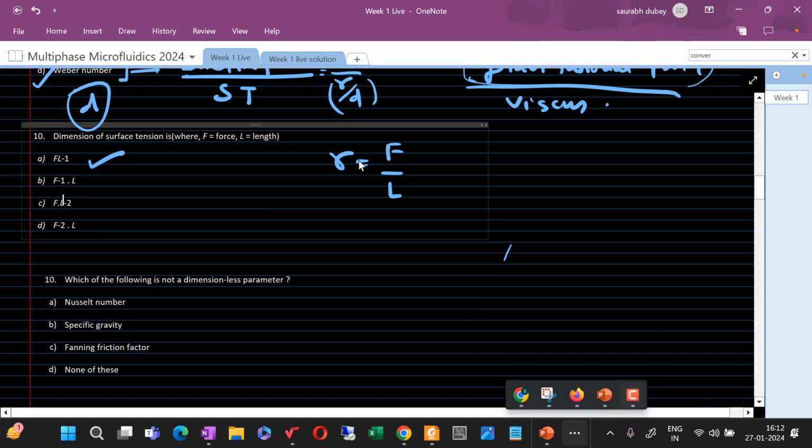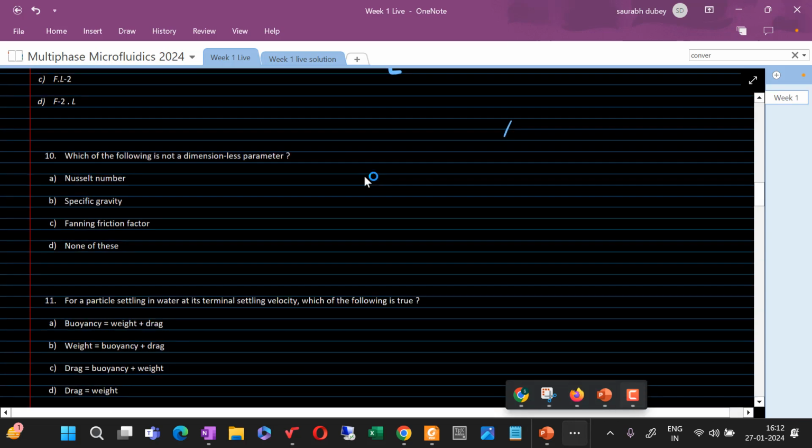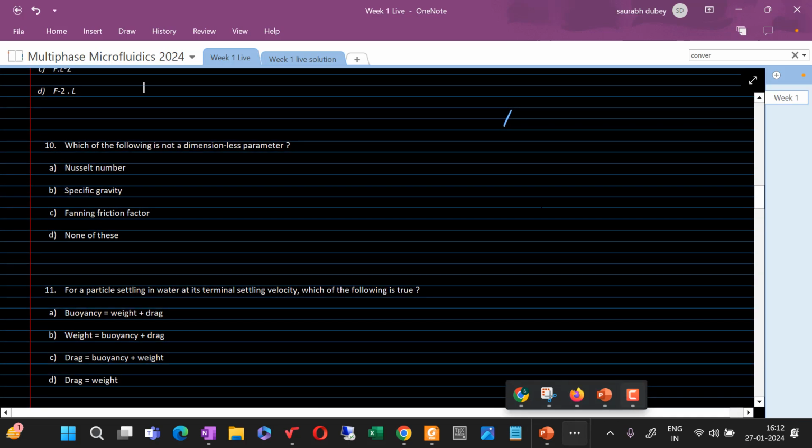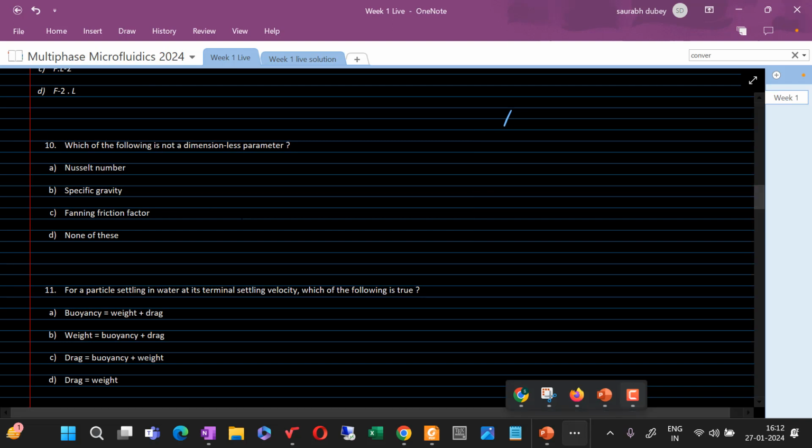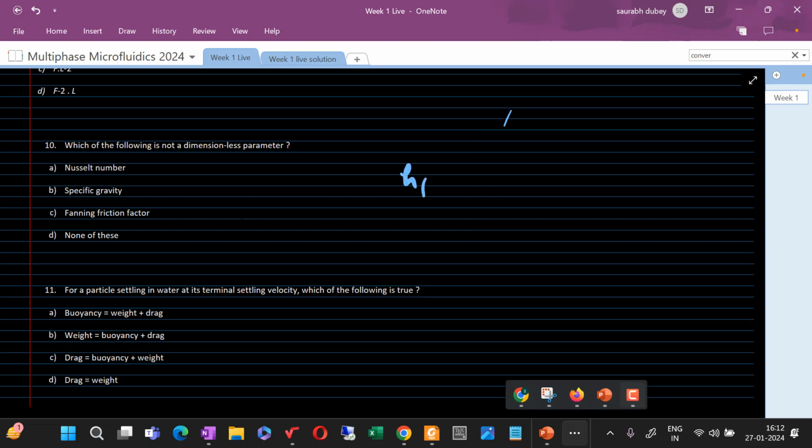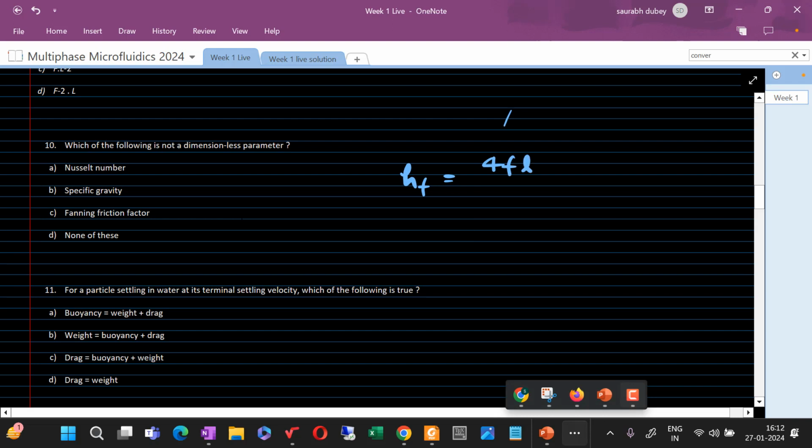And the 10th one is which of the following is not a dimensionless parameter. Nusselt number is a dimensionless parameter. Fanning factor comes up in the Moody's chart, in the Darcy equation hf equals 4fLv square by 2gd.